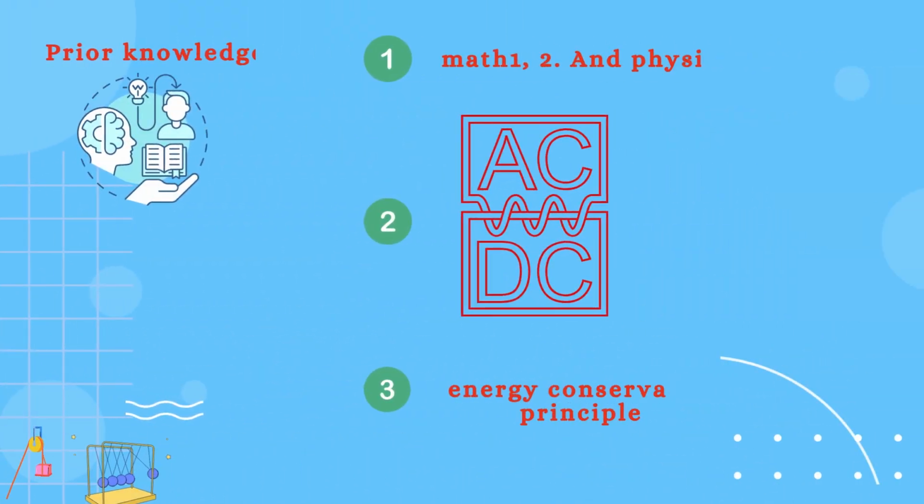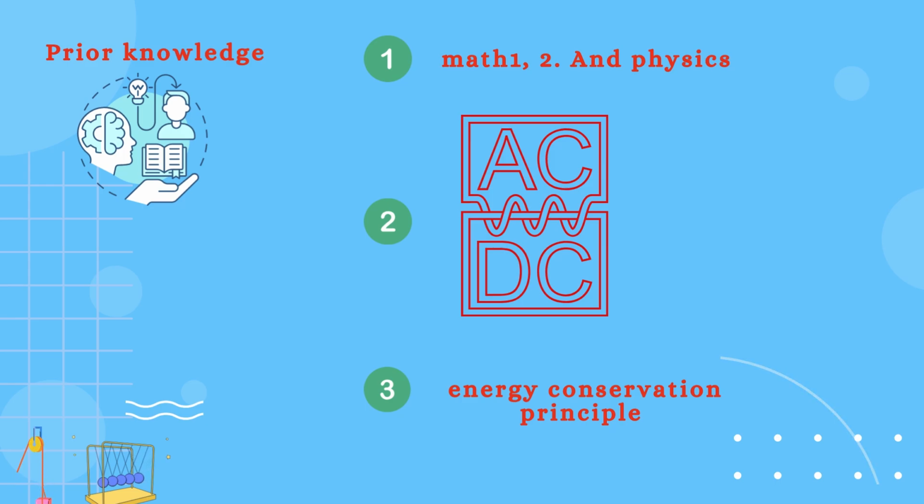Prior knowledge: students should have studied Math 1, 2, and Physics. In addition to that, in the first lab class, which is resonance in series LC circuit, we need some necessary knowledge and background about electricity like Ohm's law.